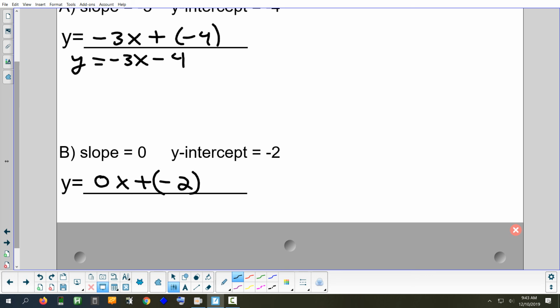Now, I just put parentheses around it because to me it looks a little weird if we write plus minus right next to each other like that. Now, what's 0 times anything? 0. So does that even matter? No. So really that cancels out. And all you get is y equals -2. Because 0 times anything is 0, so you can cross that part out. And all you're left with is y equals -2.